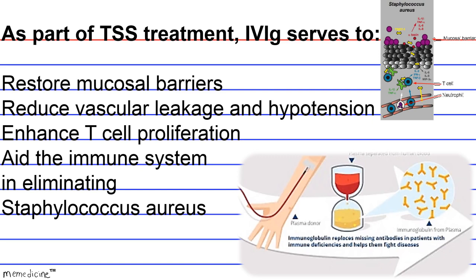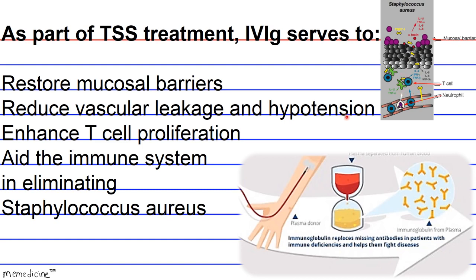All right. Okay, so let's just cut to the chase with this one. IVIG doesn't restore mucosal barriers, nor does it enhance T cell proliferation.